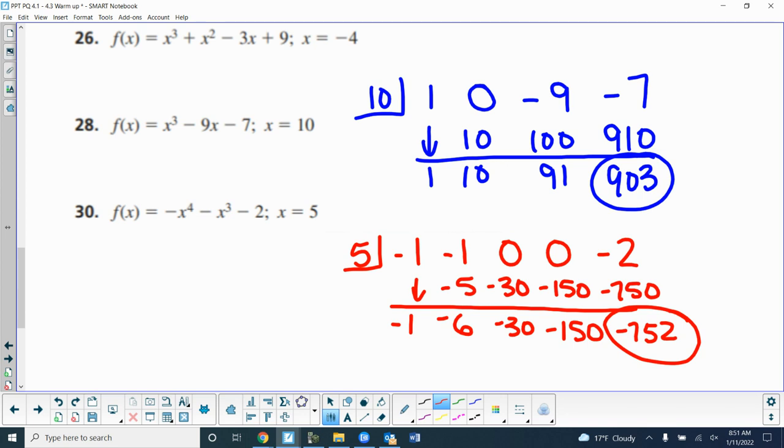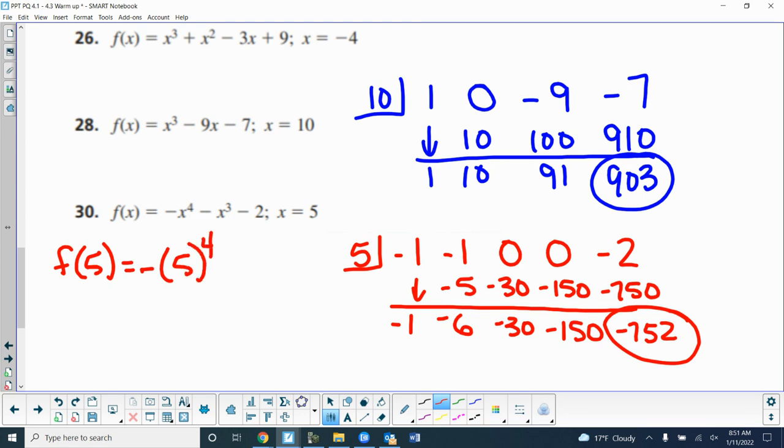Caleb? What purpose does a remainder hold in the problem? It's a different way to do this problem. Here's what we're used to doing. It's a different way to evaluate a function.